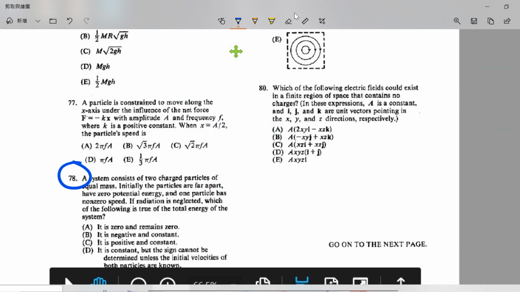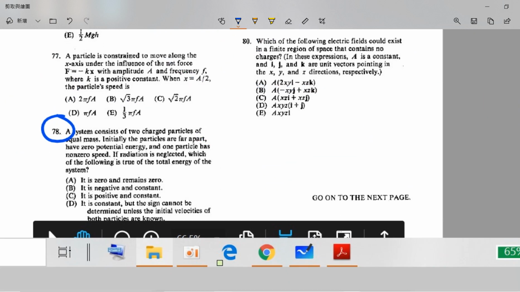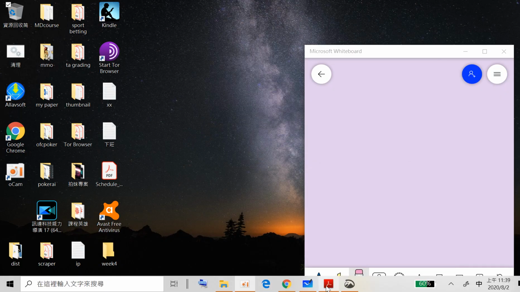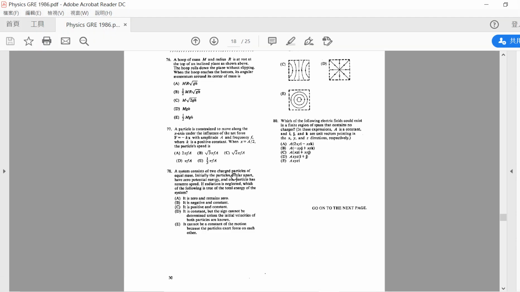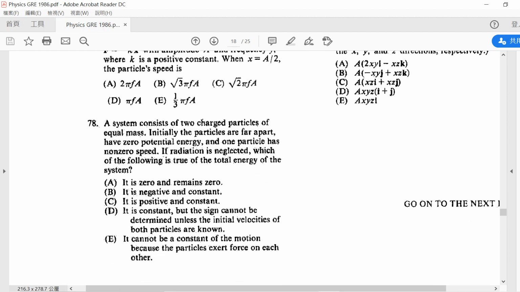Okay, so 78. Oh, I should go to the original because I didn't catch the question. The system consists of two charged particles with equal mass, initially far apart and having zero potential, and one of them has non-zero speed. Basically it's asking what the total energy is.